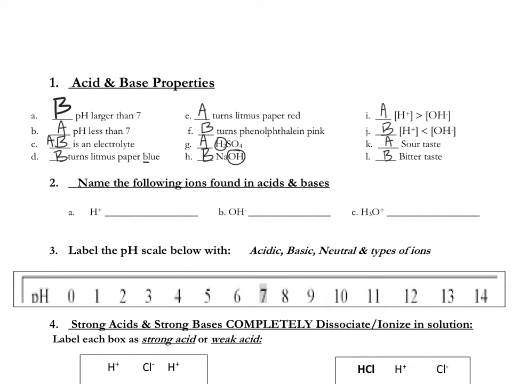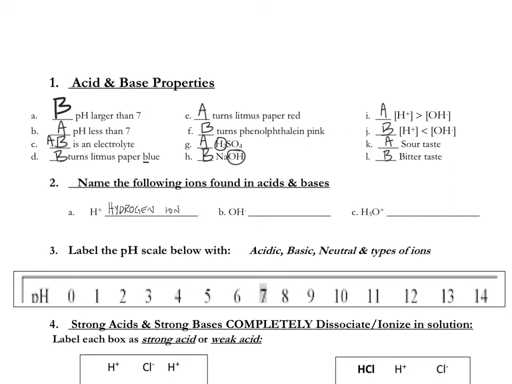All right, so now let's name the ions. An H+ is a hydrogen ion, but it's also referred to as a proton.